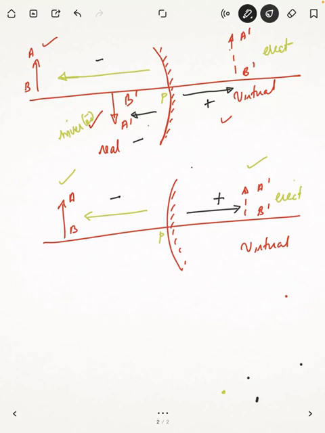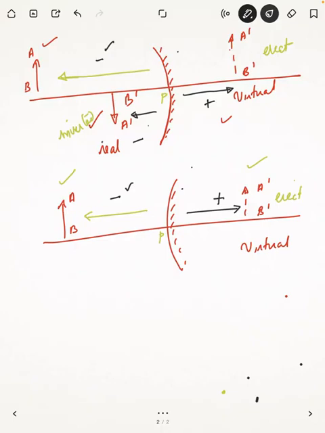Here you see, the object is always on the left side, whether it is a concave mirror or a convex mirror. So distance measured toward the left side from the pole is taken as negative. Next, about the image. If it is a real image, it is formed in front, so measured toward the left side. So image distance is negative, that is for a real image.